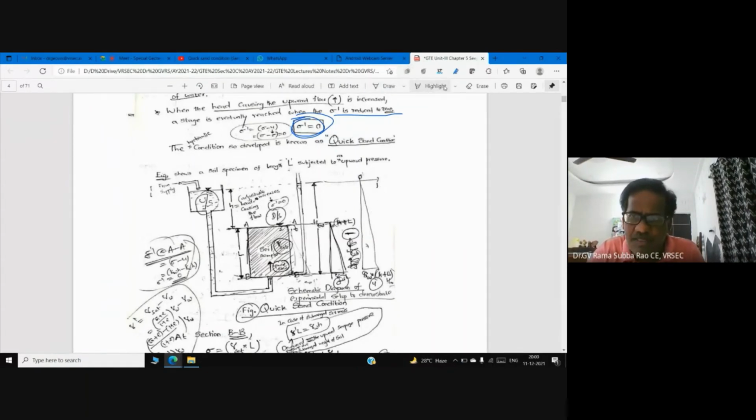What is the formula to compute the critical hydraulic gradient? Without further delay, I can write i_cr is equal to gamma prime by gamma W. Gamma W is going to be cancelled. So finally we are getting (Gs minus 1) by (1 plus e).